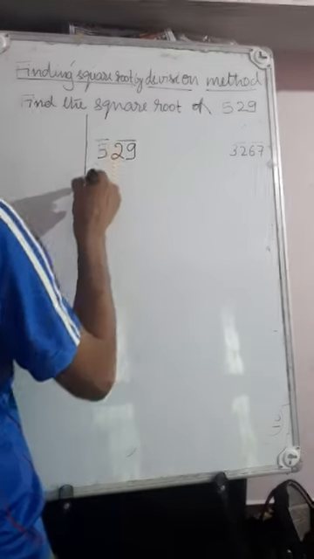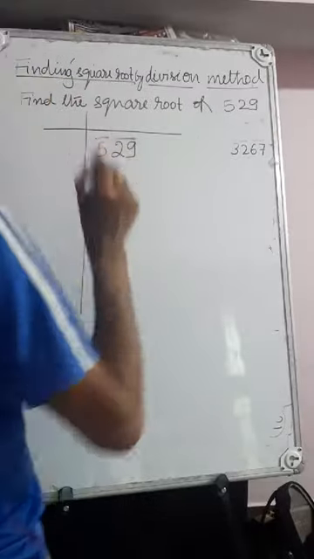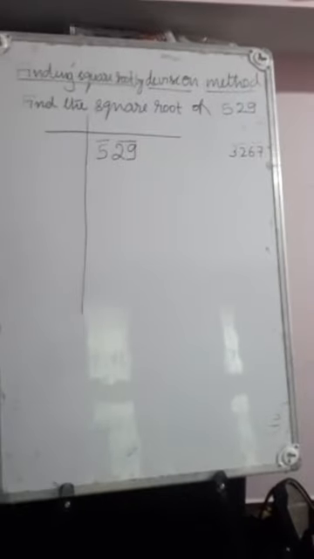Okay, so this is the division method. This is how to make the groups by placing the bar, considering two digits as a pair starting from the rightmost, that means from the units place.